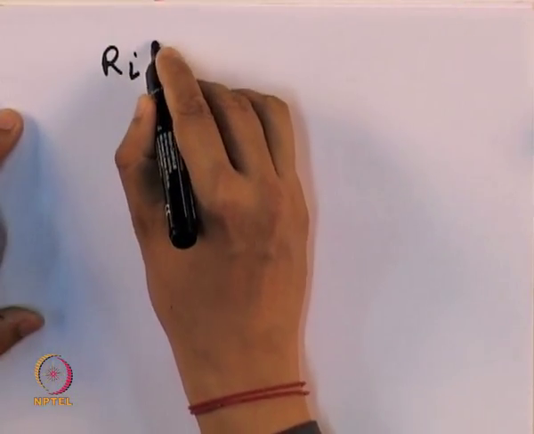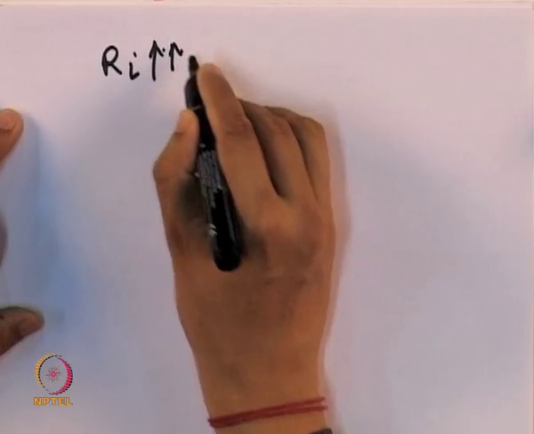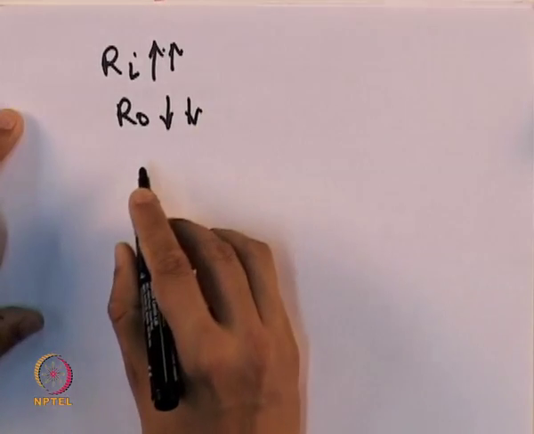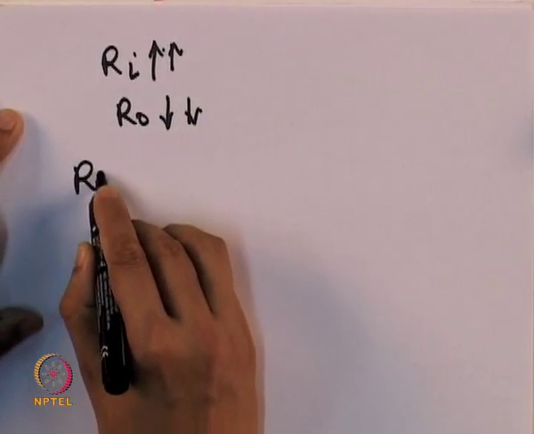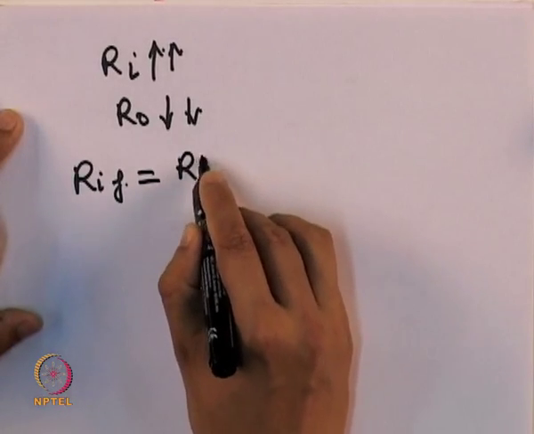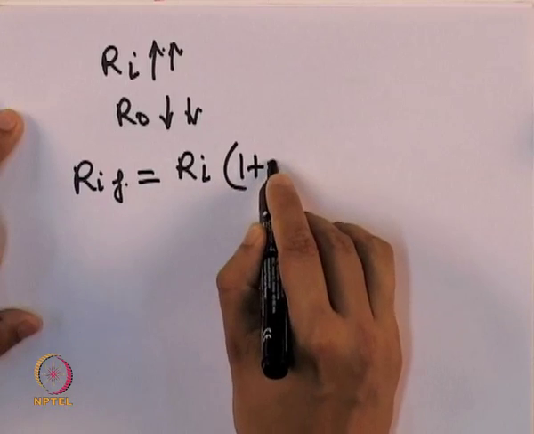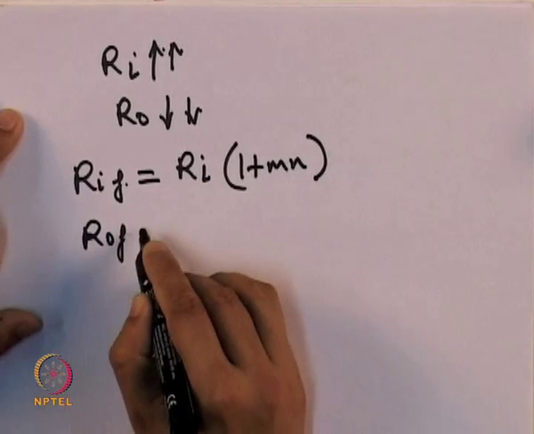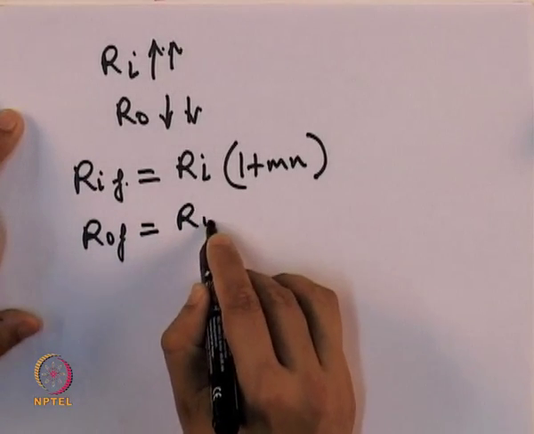Now, coming back to the voltage amplifier that we are studying. So, we should have the Ri as high as possible and Ro as low as possible. It can be shown that the input impedance Rif with feedback becomes like this and the output impedance with feedback becomes like this.